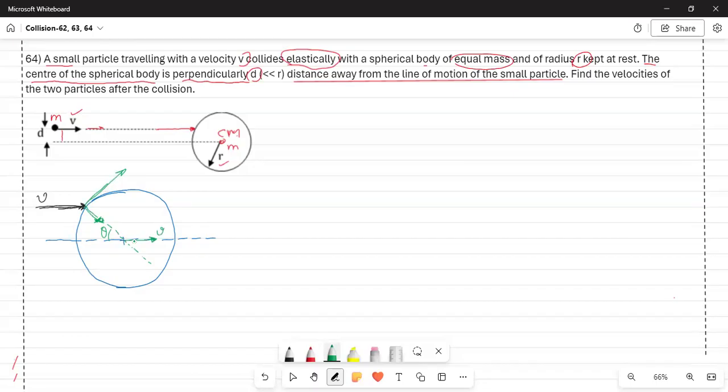This was v, this was angle theta. So the component which passes through the center of mass is v cos theta, and the tangential component is v sin theta. Now the problem becomes very simple.